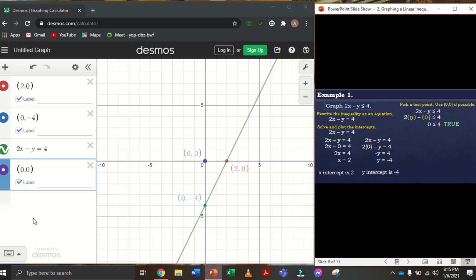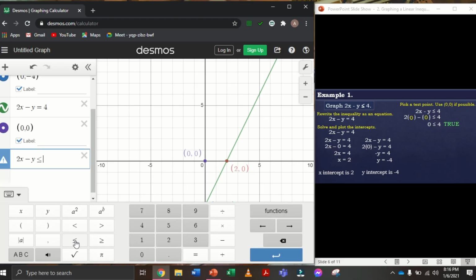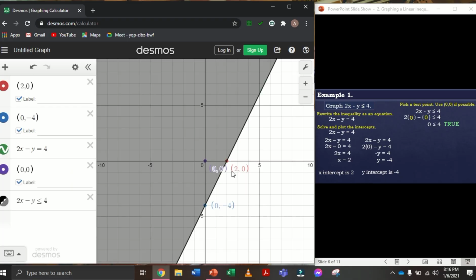Okay, so let us check. Ilagay natin yung ating linear inequality. We have 2x minus y is less than or equal to 4. So let's see, dapat dun siya sa part ng 0, 0. Ayun. Okay, so nakuha po ba? Ito yung 0, 0 natin. Ayun po.